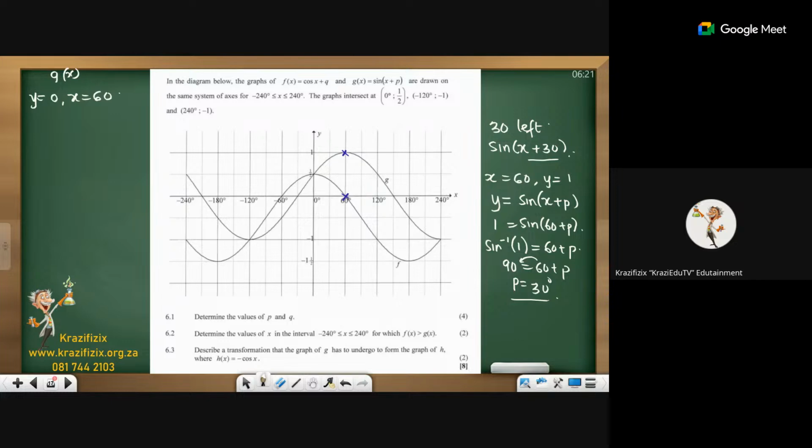It should. y is equal to cos x plus q. What is my y value? 0. Cos 60 plus q. If I then move the q over, it becomes negative q equals what? Cos 60. Use your calculator. Cos 60 is half and q is done, which we could have done swiftly if you know your mother graphs.